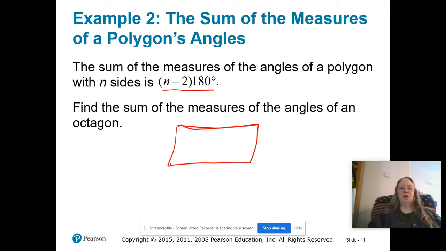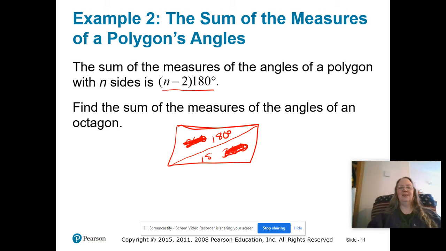I don't know what a four-sided figure adds up to be, but I do know what a triangle adds up to be. So I'm going to divide this into two different triangles. Each triangle has to add up to 180 degrees.